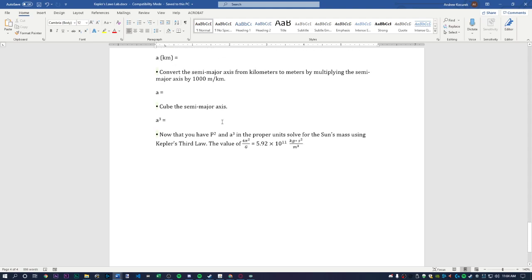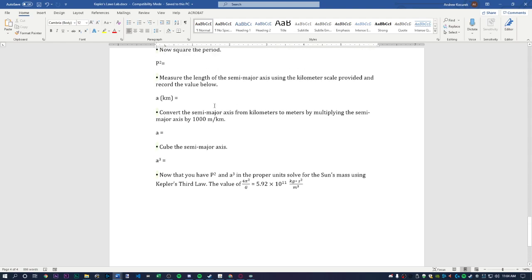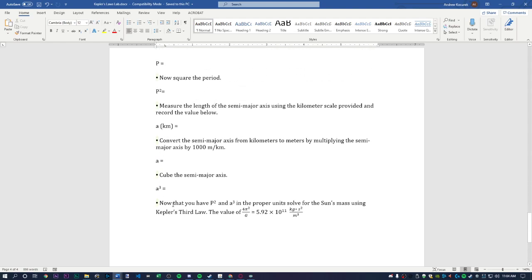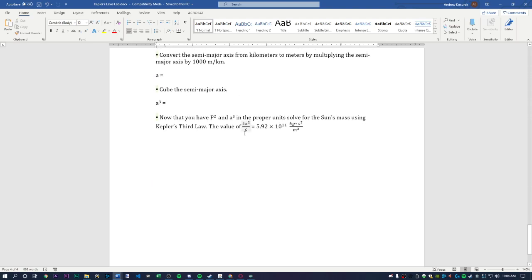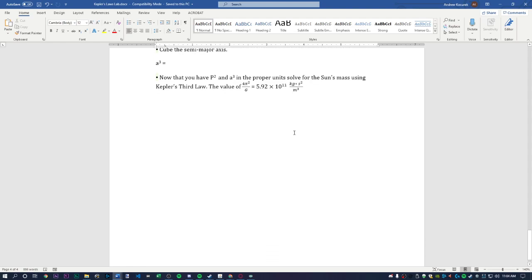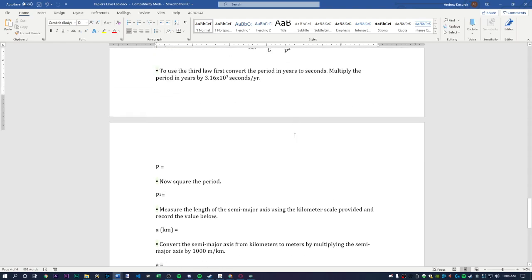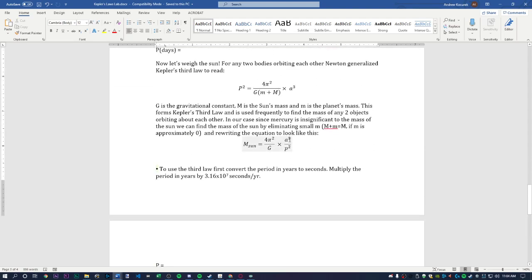But what we've done for you now is, now that you have everything in the proper units, meters and seconds, we've given you this value of 4 pi squared over G. It's this number right here, 5.92 times 10 to the 11th, and you have kilogram second squared over meter cubed. So you're going to go back up here.